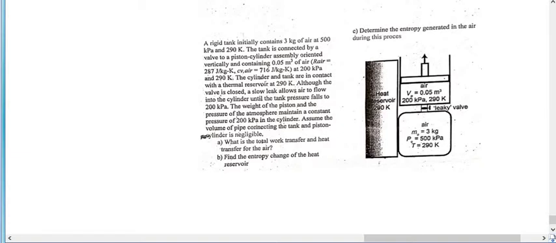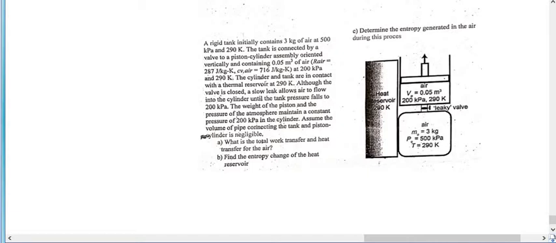The gas constant of air is 287 joule per kilogram per Kelvin, and the specific heat capacity of air is 716 joule per kilogram per Kelvin at 200 kilopascals and 290 Kelvin.